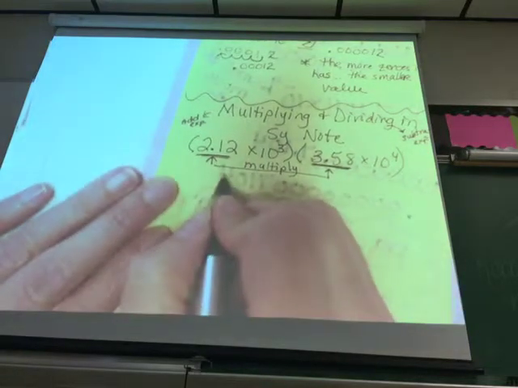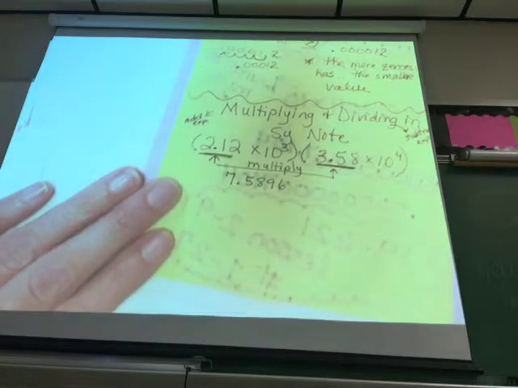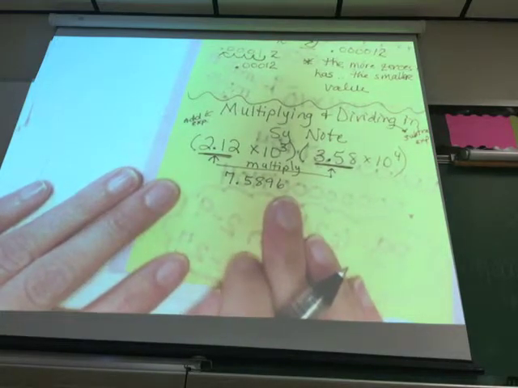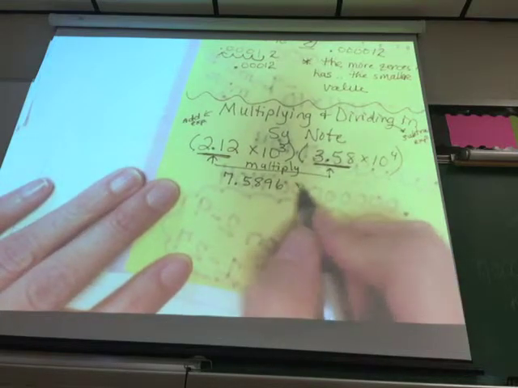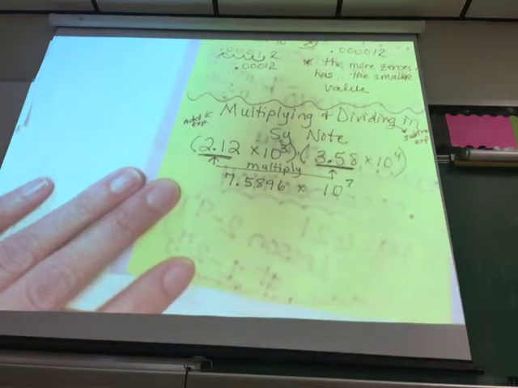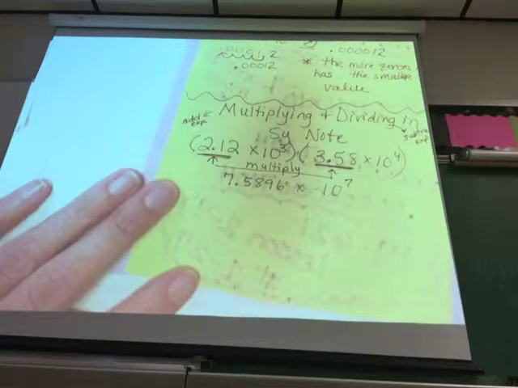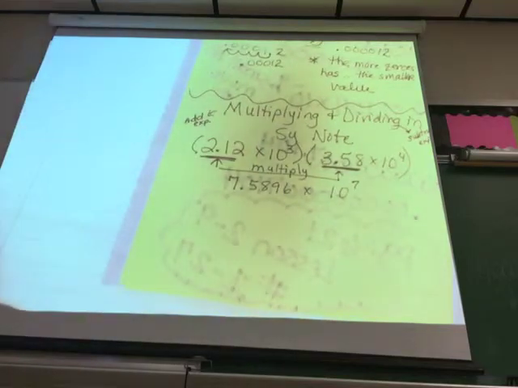Here's what I got: 7.5896, which is a number between 1 and 10, right? Times 10 to the what power? 7. Yep, you were multiplying, so we want to add those exponents. It's going to be to the 7th power. So it's really not that difficult.